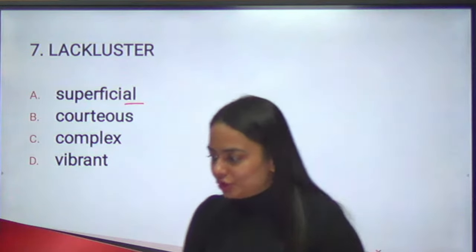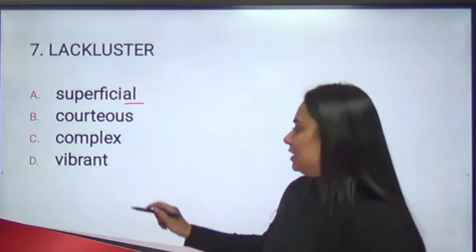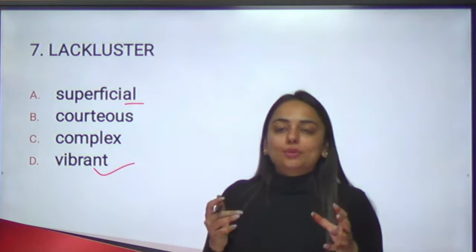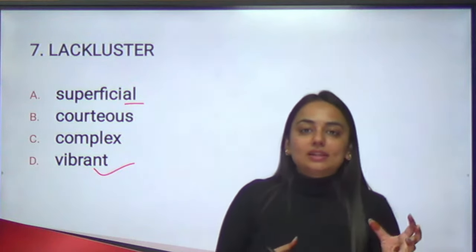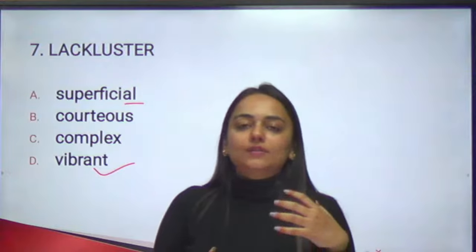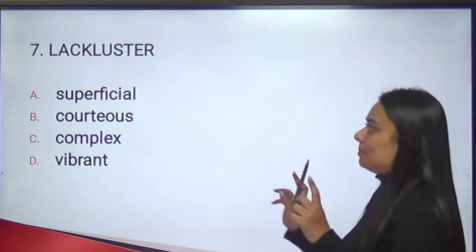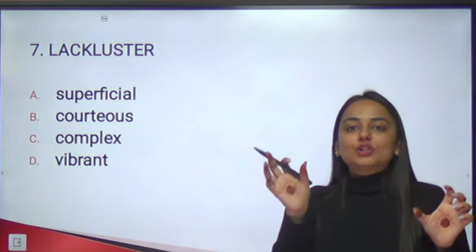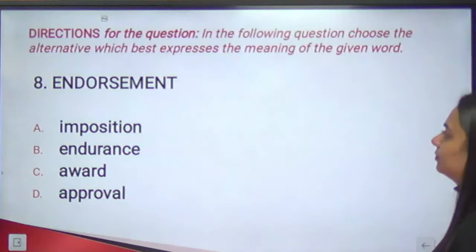Its opposite should be, very good, Dipanshi. Absolutely right. It should be vibrant. Vibrant is which is not dull, obviously. So it has different aspects. It is very appealing. It is very attractive. Something that is vibrant. I hope you will remember the word lackluster, जिसमें luster ना हो या जिसमें वो shine ना हो.